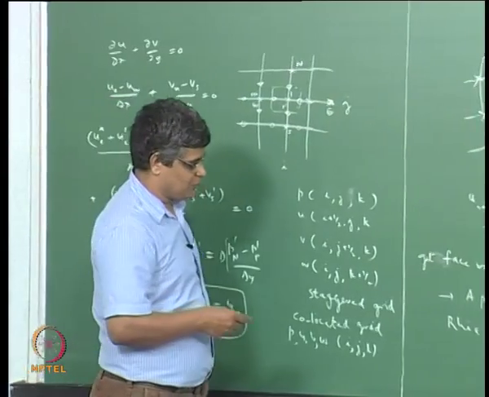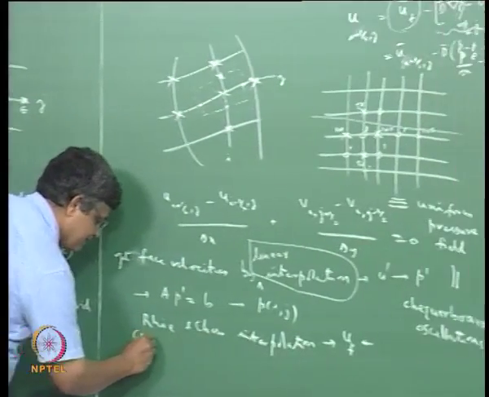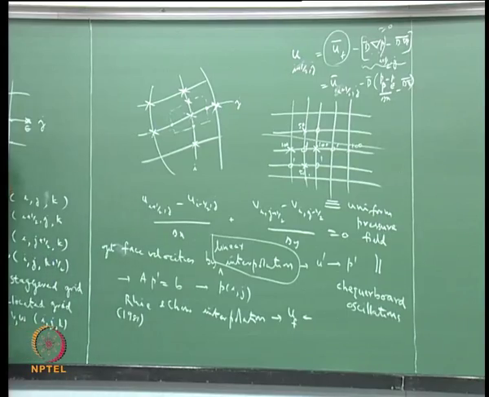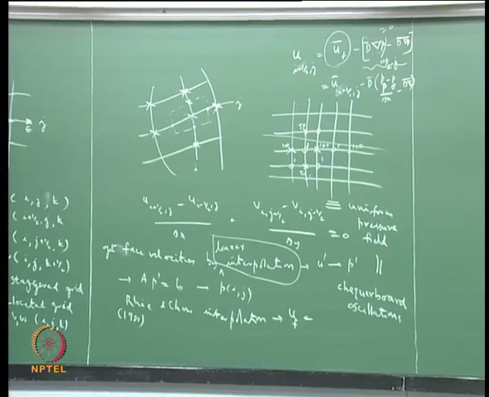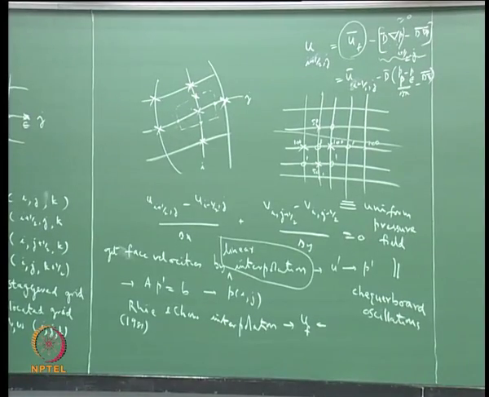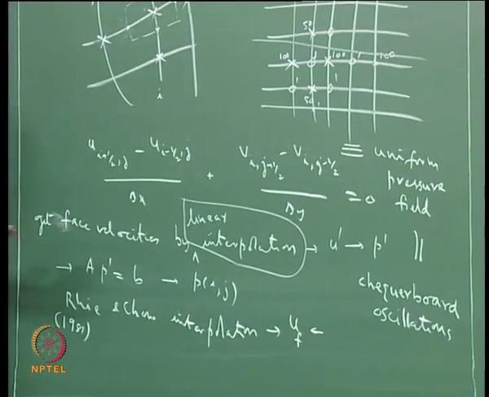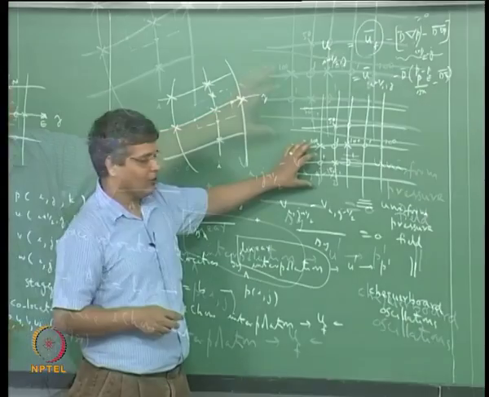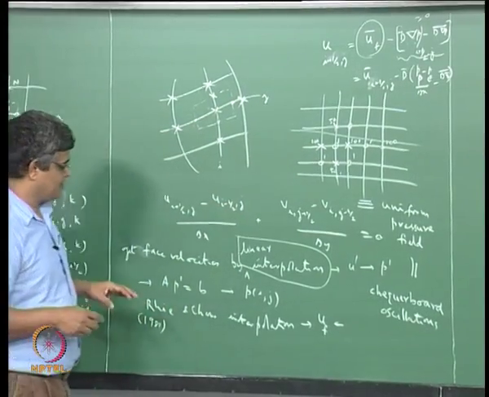So this was proposed in the early 1980s, 81, and this was immediately adopted by a large number of people, and this has proved to be a very successful approach to the cure of the checkerboard oscillations that are found in a collocated grid system.